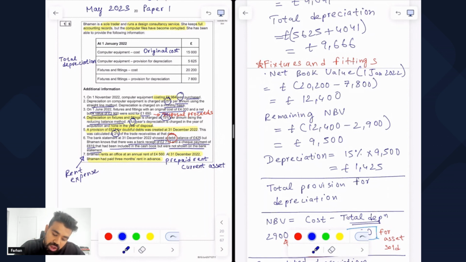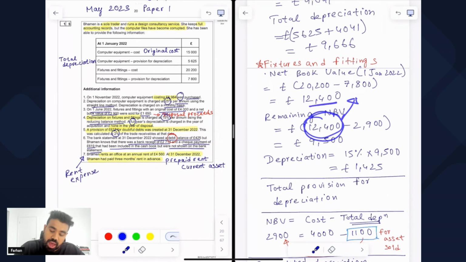So we want to find the remaining net book value, and the way we can calculate that is start with the initial net book value that we have of 12,400 and then subtract 2,900 pounds. So you will see that 12,400 is what we have calculated at 1 Jan 2022, and we have subtracted 2,900 pounds, which reflects the net book value of the asset that we have disposed, and the remaining net book value that we have is 9,500 pounds.